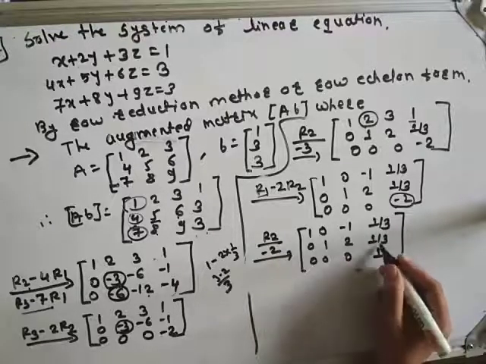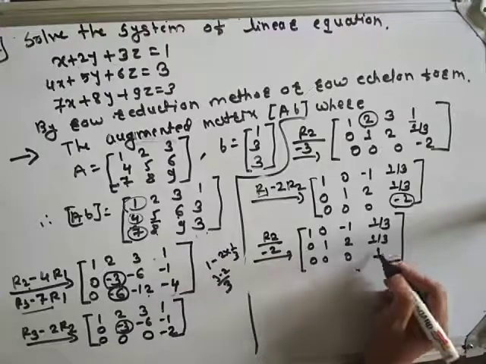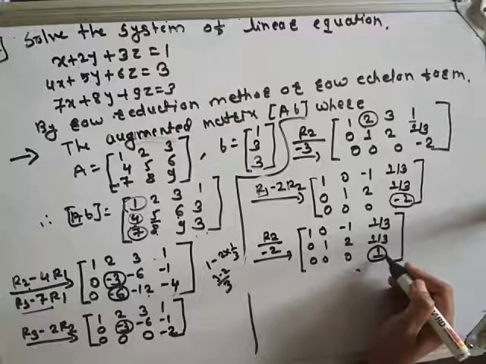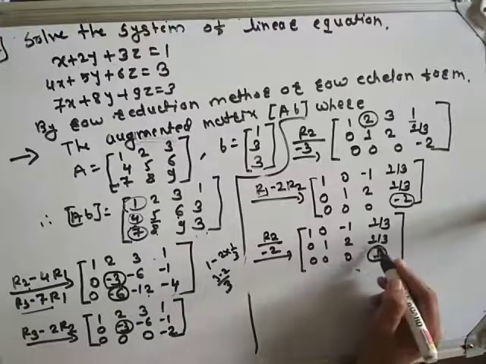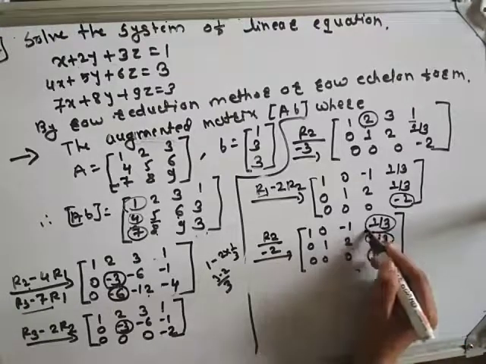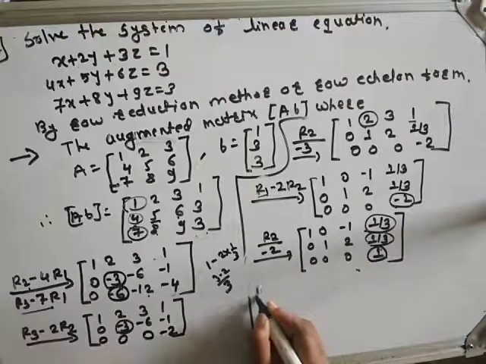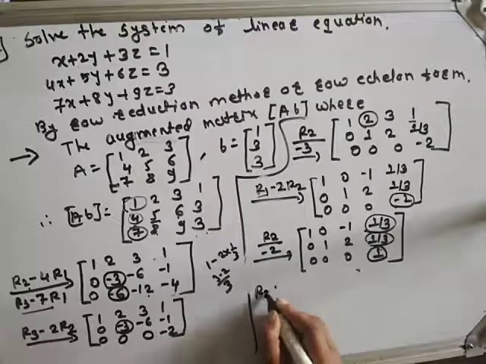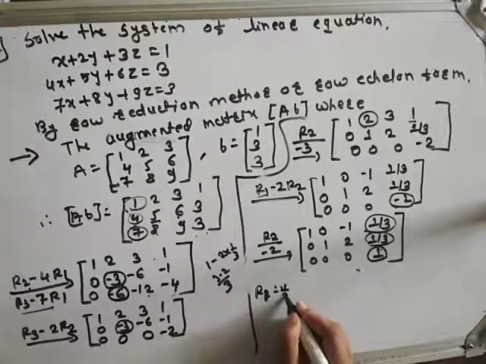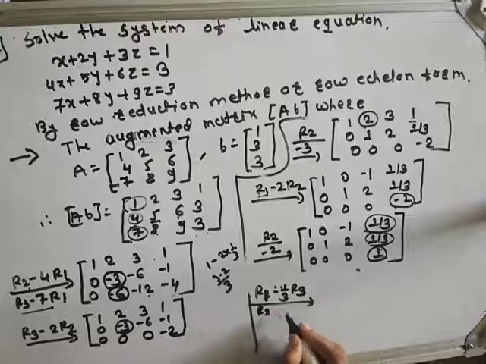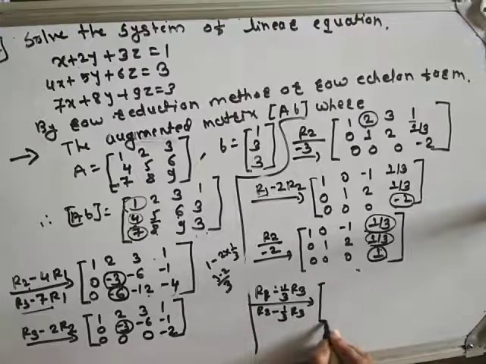Now here, this is the leading entry in the third row, so here we require 0 above it. For this purpose we perform the row operations R1 minus 1 by 3 R3 and R2 minus 1 by 3 R3.